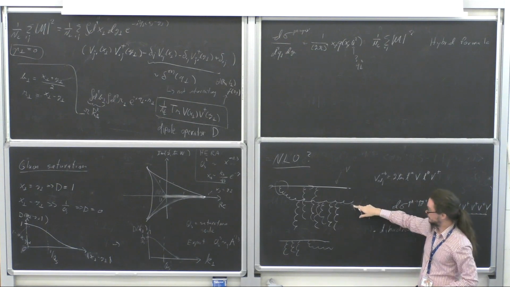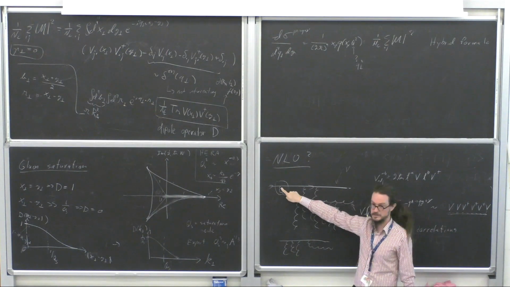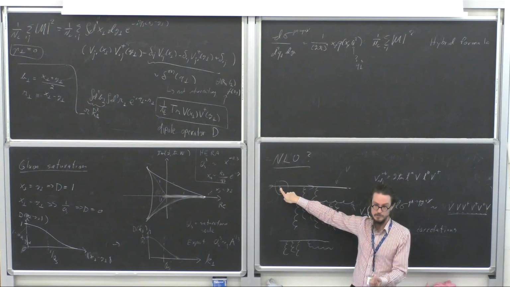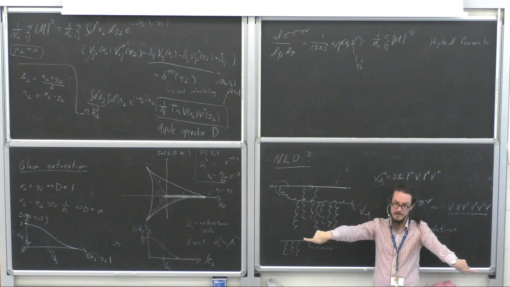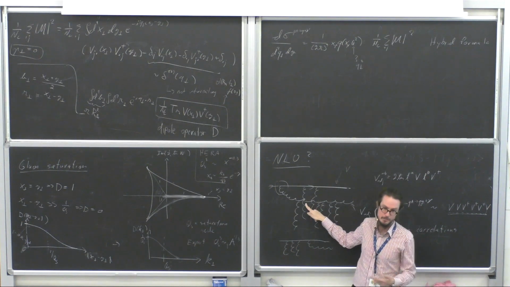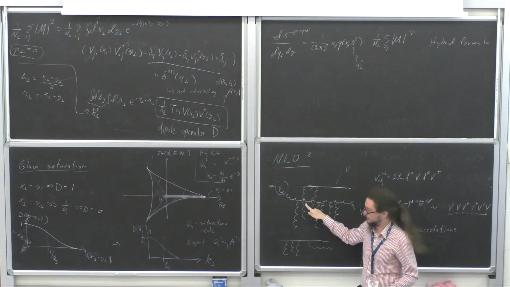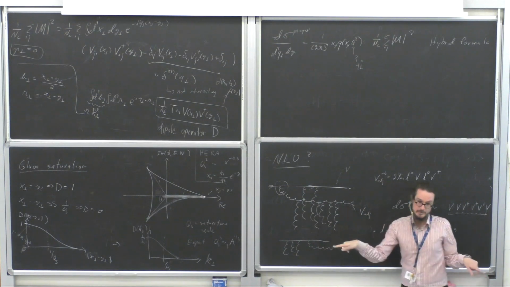In some limit, when these are very high PT, it should be back-to-back because this vertex should conserve momentum. So I can split into a very high PT back-to-back pair. And if they are very high PT, they do get some momentum from the target color field, but only of the order of QS. So if I look at very high PT, it should be back-to-back.